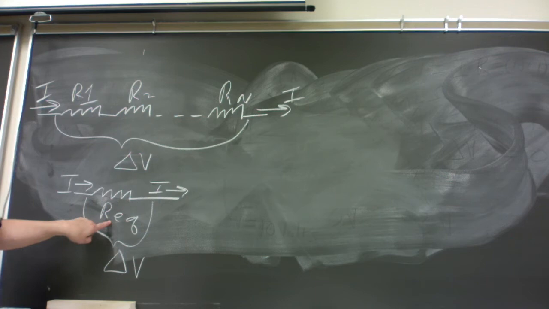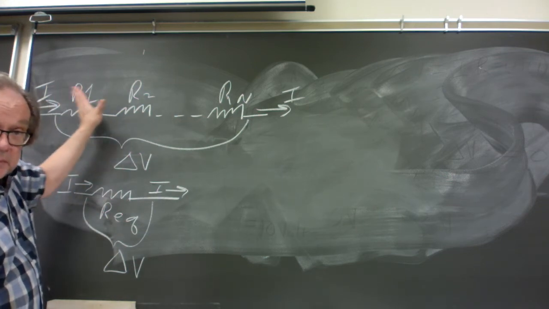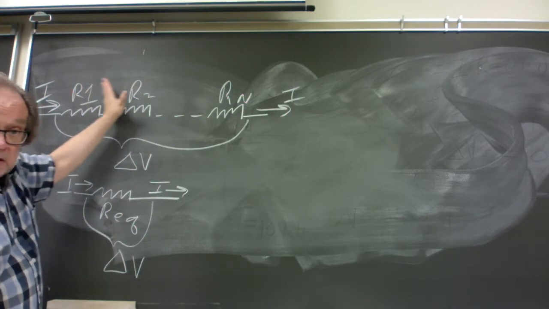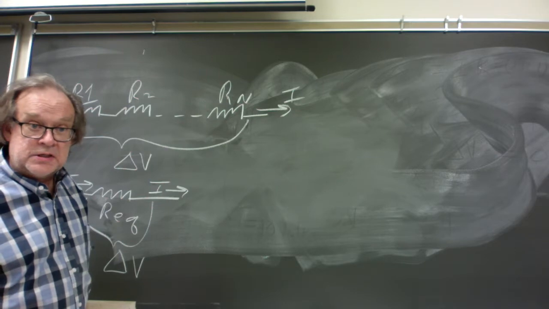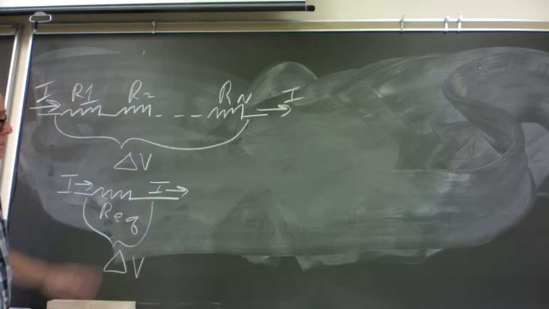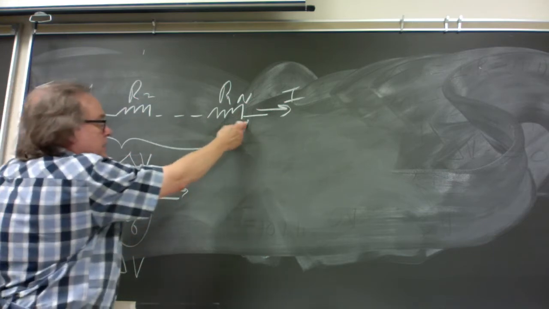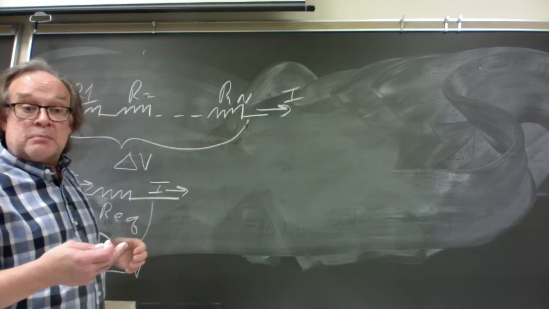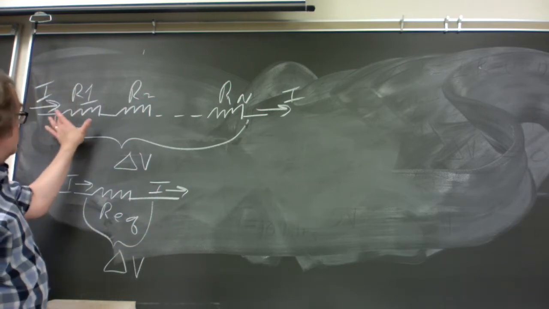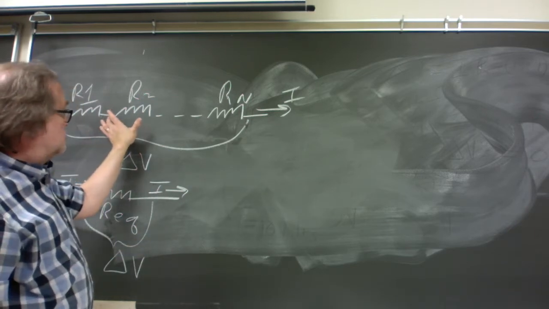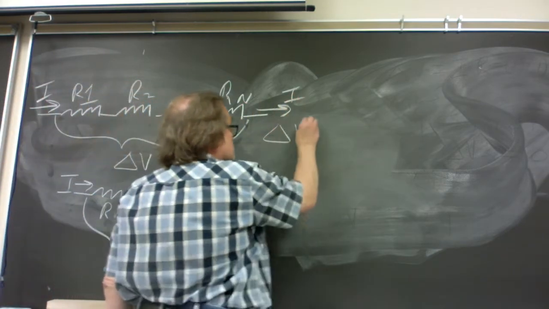Now, how does the numerical value of that compare to the numerical value of the n resistances in that string? Well, let's think about this. The potential difference between here and here is simply a sum of the potential difference between here and here plus the difference between here and here and so on.